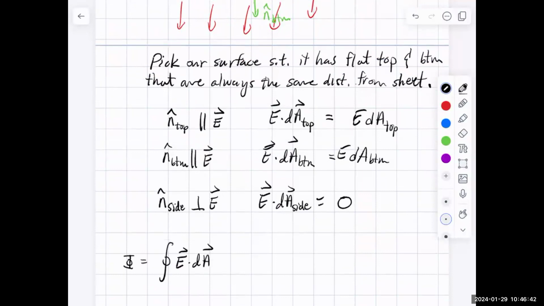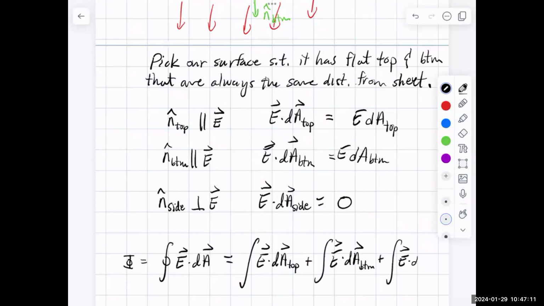So if we want to calculate the flux, it's E dot dA. This is an integral over the entire closed surface, but we've already separated our surface into a top part, a bottom part, and a side part. And so this is equivalent to E dot dA for the top plus E dot dA for the bottom plus E dot dA for the side.